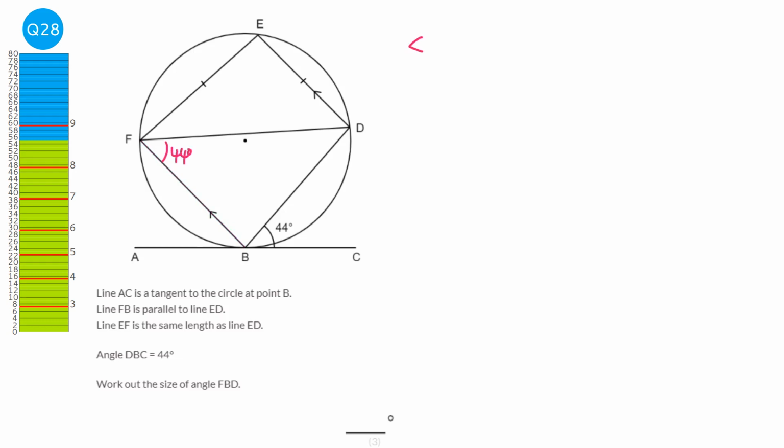So angle BFD equals 44 degrees, and the reason you need to give is the alternate segment theorem. And you have to use those words, otherwise you won't get the marks.